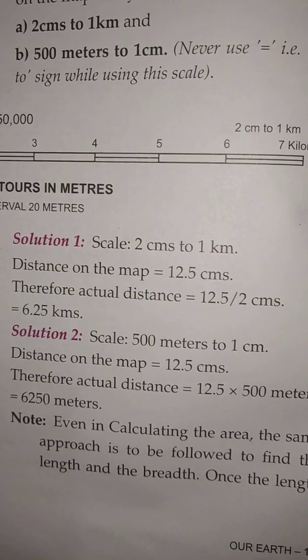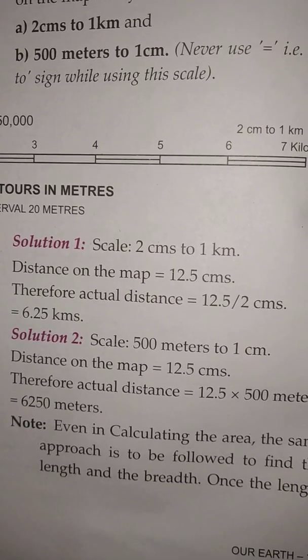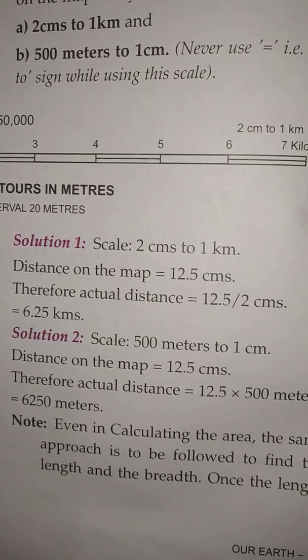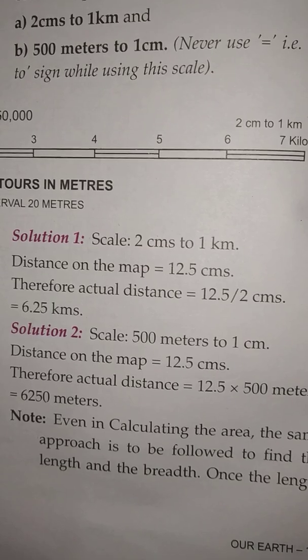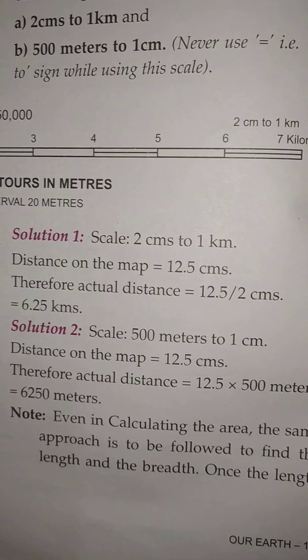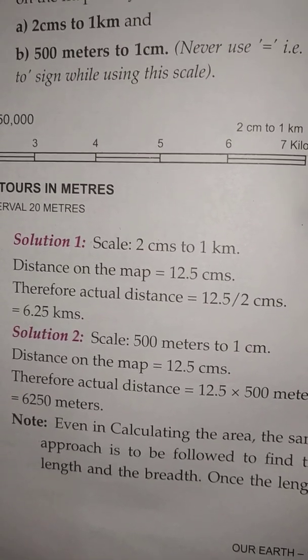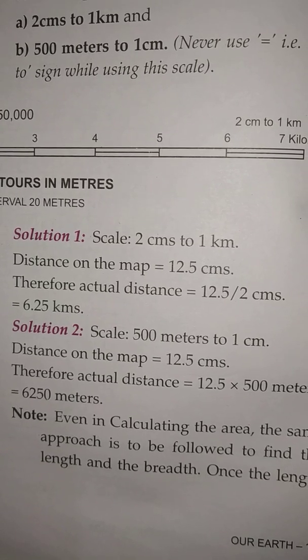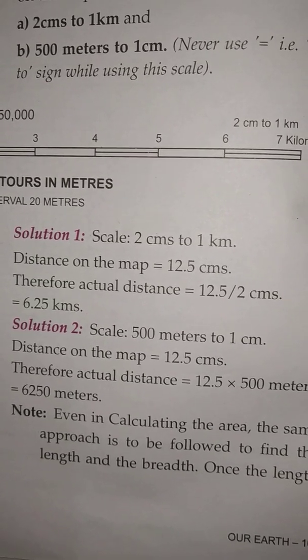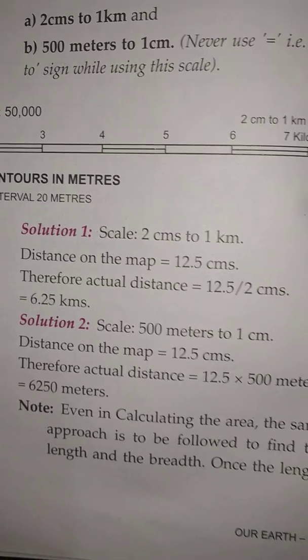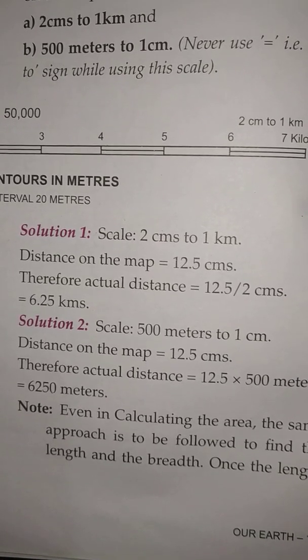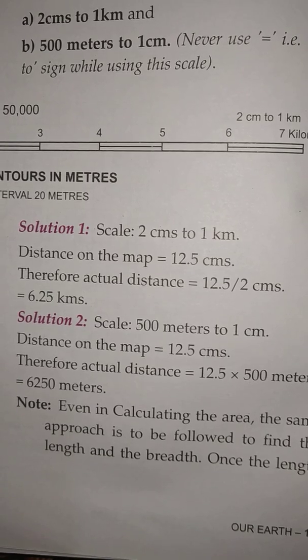So 2 centimeter to 1 kilometer means 1 centimeter will be equal to how much? Of course, half a kilometer, that is 500 meter. Therefore actual distance is equal to 12.5 by 2, that is 6.25 kilometers. Now the second one is 500 meters to 1 centimeter.